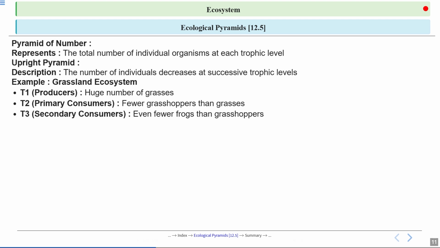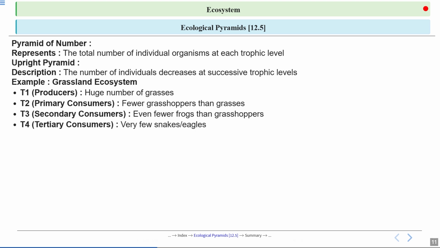Now, frogs feed on grasshoppers, but there are even fewer frogs as compared to grasshoppers. Clear? So a single frog needs to eat many grasshoppers to get enough energy. So this means there are fewer frogs than grasshoppers, making the pyramid narrower.